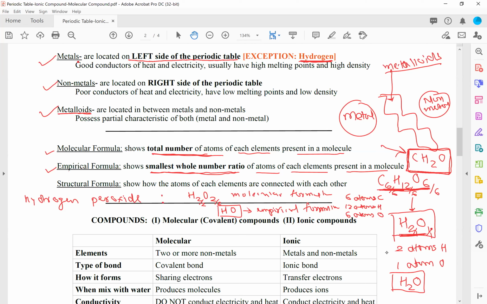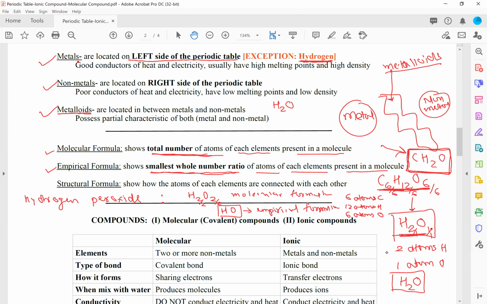And what is structure formula? For structure formula, we have to draw the connection between each atom. We can just write down H2O. For example, I'm going to stick to the simple example because we don't know more about this right now. H2O is called molecular formula or chemical formula. If I want to write a structure formula, I have to show how these atoms are connected.